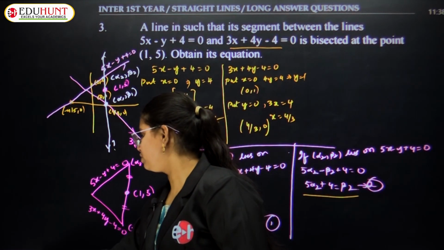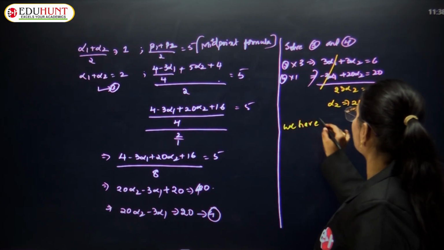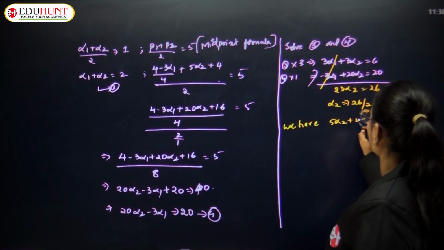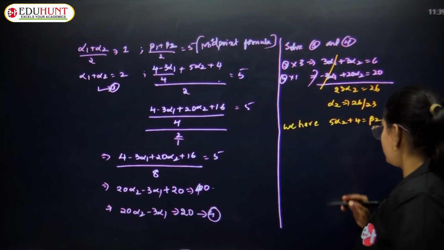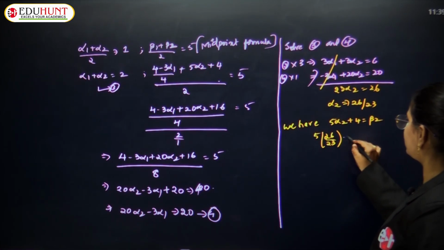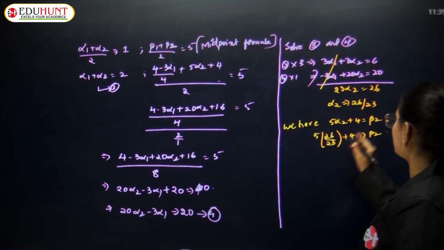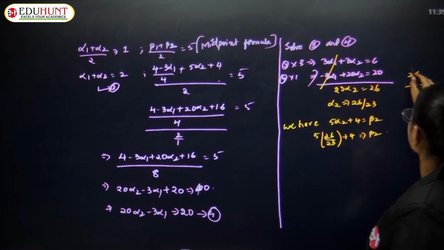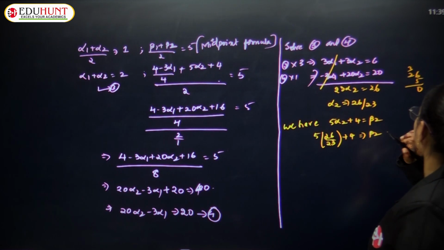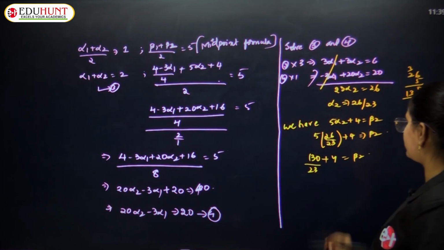So 5 alpha 2 plus 4 gives beta 2. 5 times 26 upon 23 plus 4 is equal to beta 2. 26 times 5: 6 fives are 30, 2 fives are 10, 10 plus 3 is 13, so 130. 130 plus 4 is equal to beta 2.